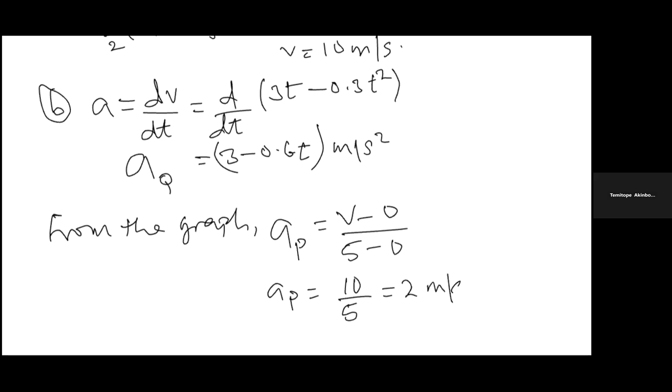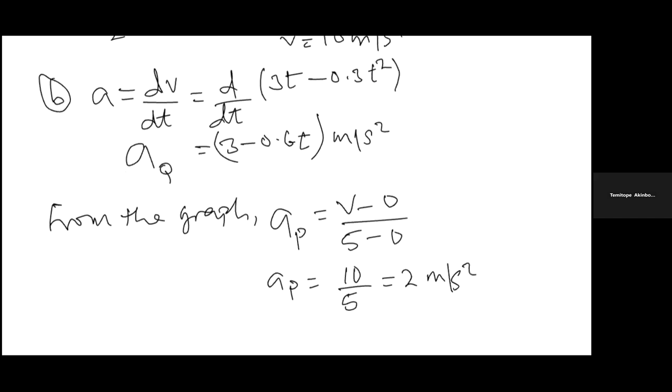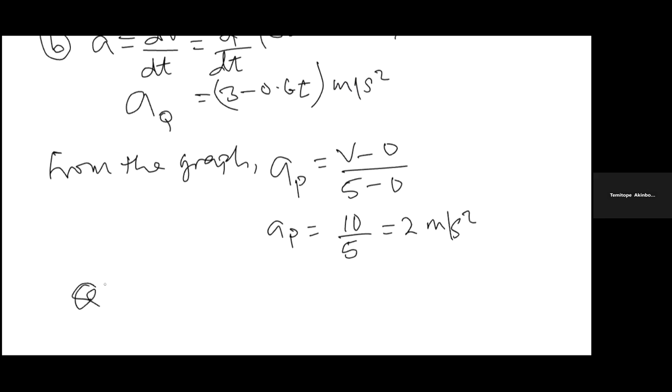Now, the question says that acceleration of Q equals acceleration of P. So that means 3 minus 0.6t equals 2. So 0.6t equals 1.